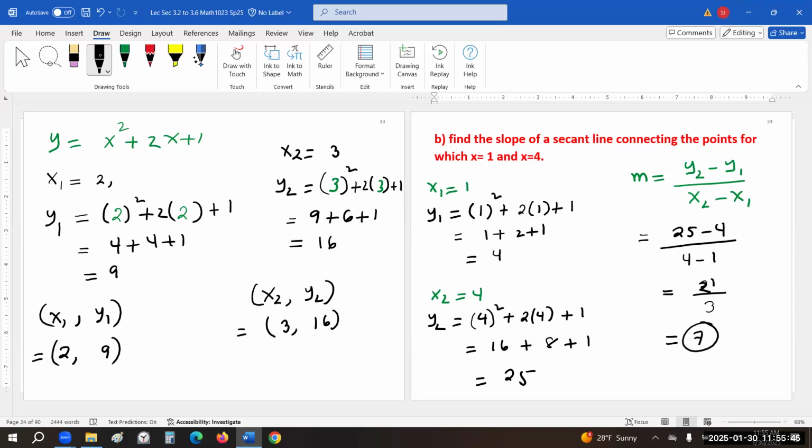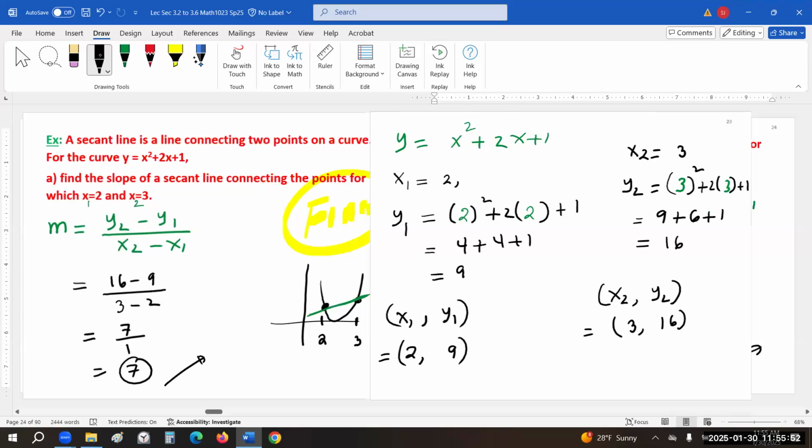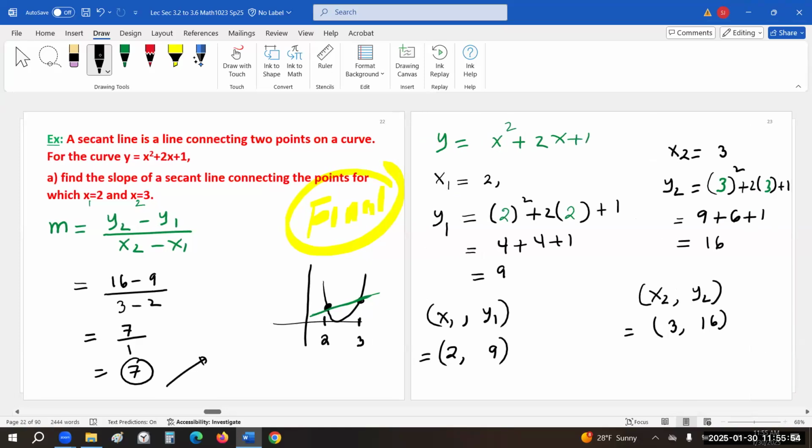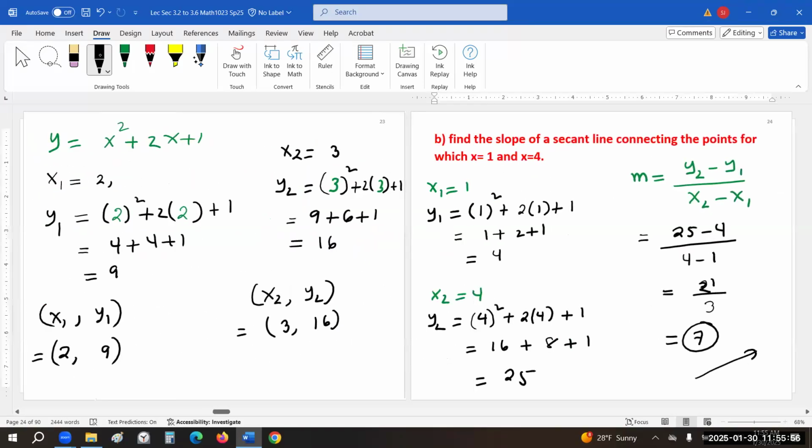So what type of line do we have? Upward or downward? Upward. And if you observe, we actually have the same slope for both points. Probably it's a coincidence. Any question? Is there anybody who did not get 7 for the second one?